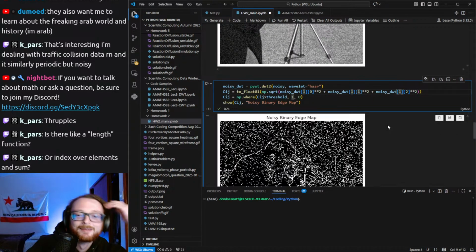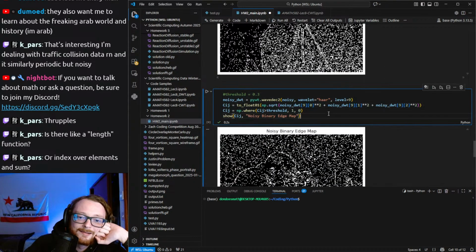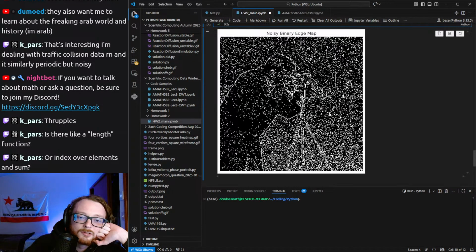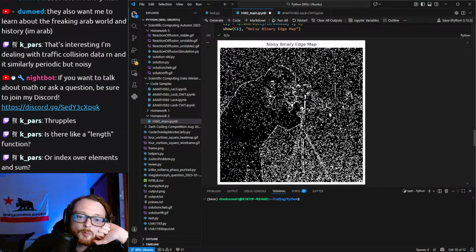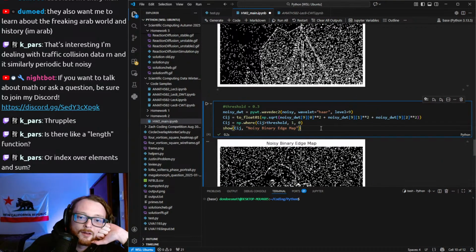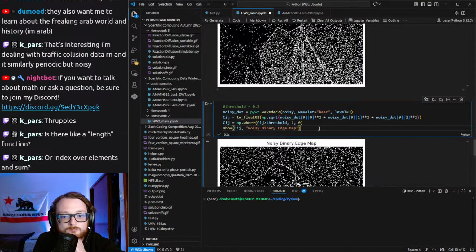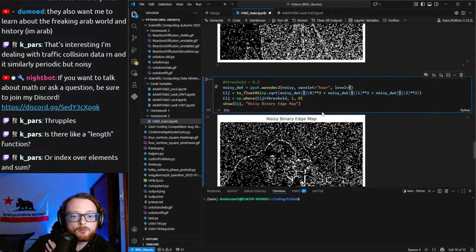Now what? We definitely want a higher threshold, mean, do we? Maybe we don't. So the technique that I think we're going to use to deal with a noisy image is we're going to look through the last, so we're looking just the last level here.